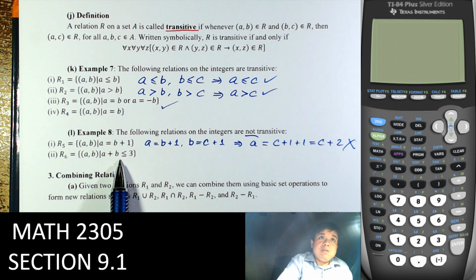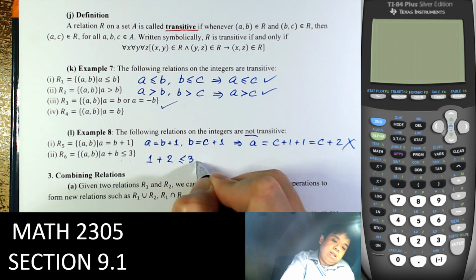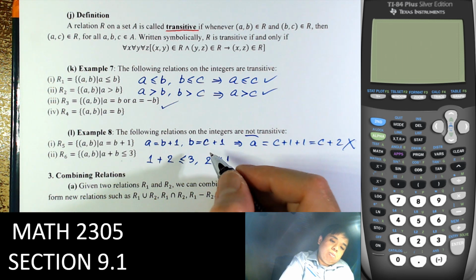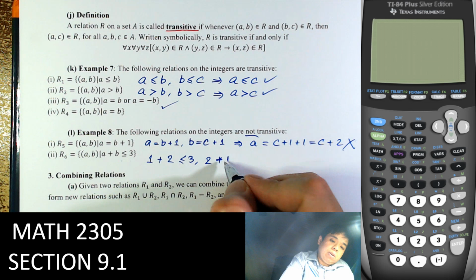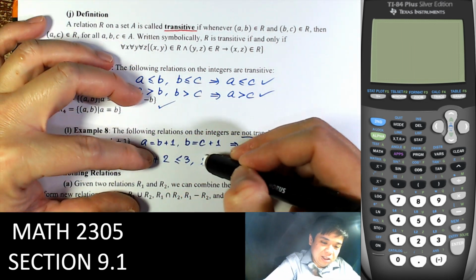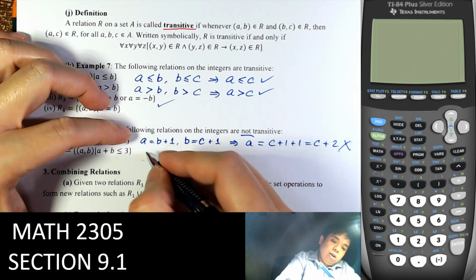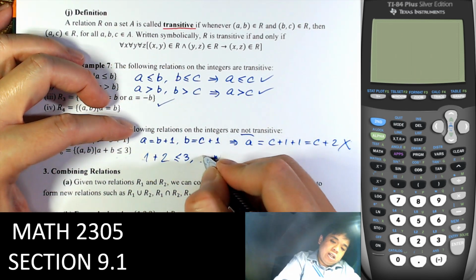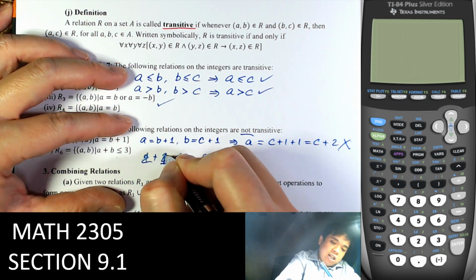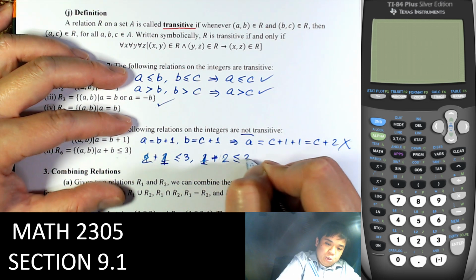Next, A plus B less than or equal to 3. 1 plus 2 less than or equal to 3, and 2 plus 1 less than or equal to 3.